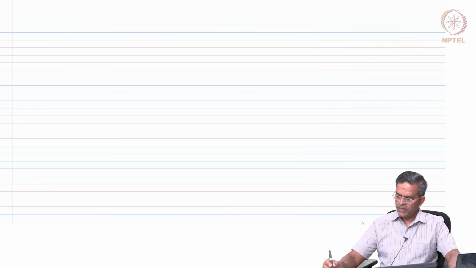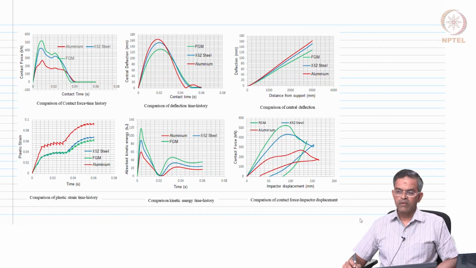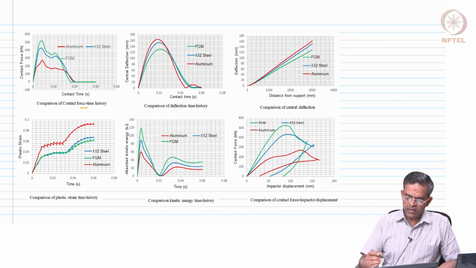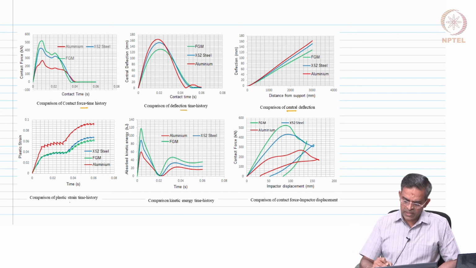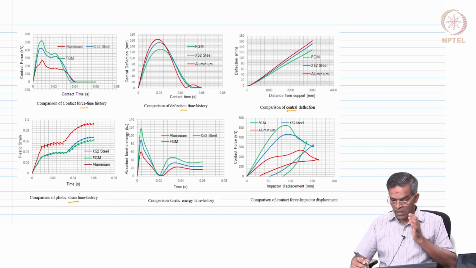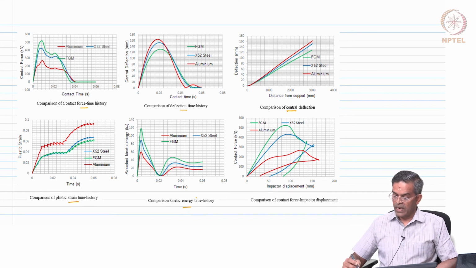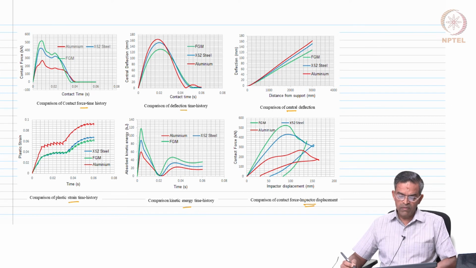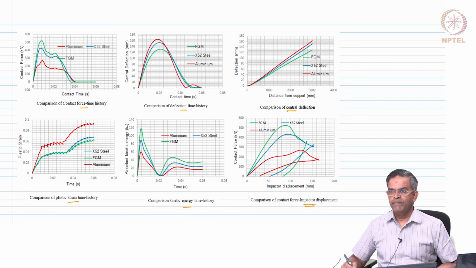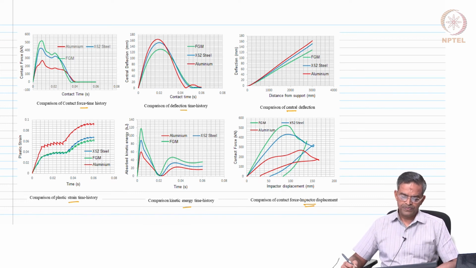Now, the response of the deck is also plotted for contact force history, deflection time history, central deflection, and comparison of plastic strain time history, kinetic energy time history, and impactor displacement. In all the cases, you would very well see that FGM material performs better compared to its competitor X52.